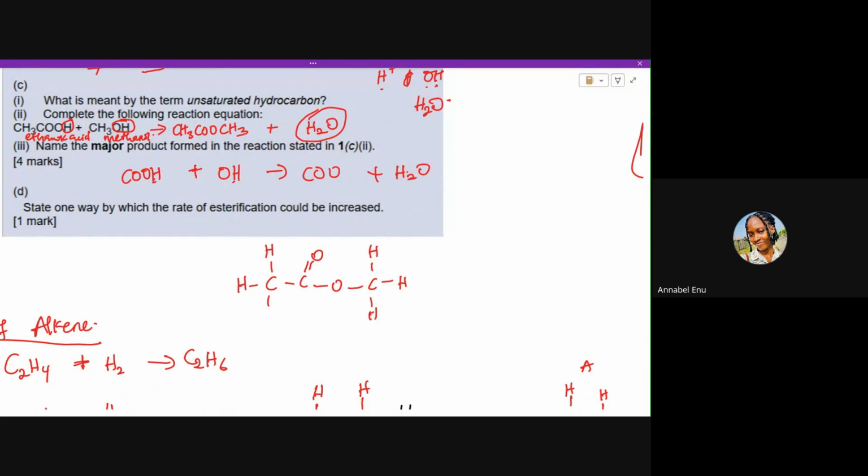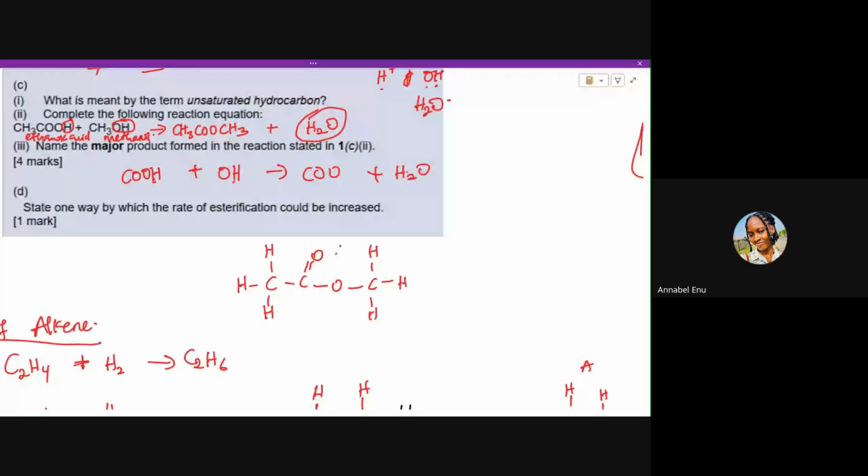In naming esters, the method of naming esters is not conventional. It's not like the common way we name other hydrocarbons or other compounds like this. Okay, it has its own quite different method of naming.